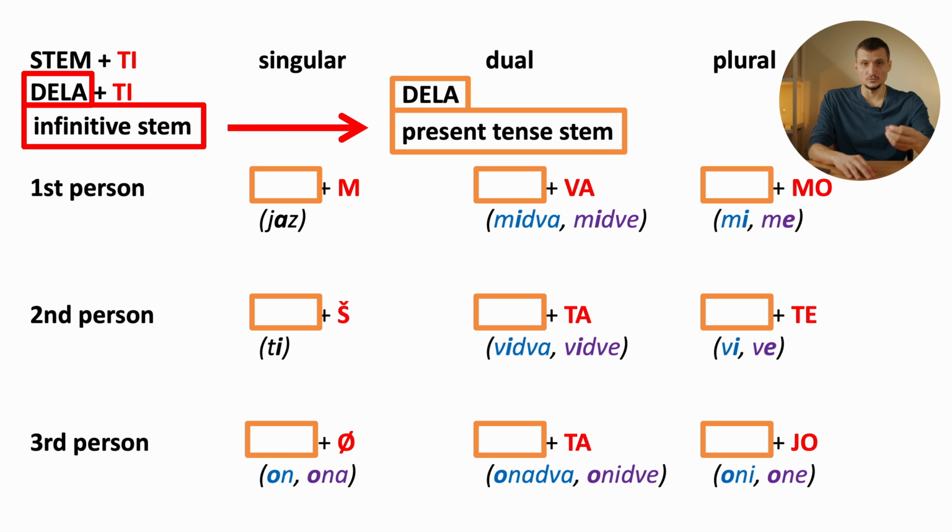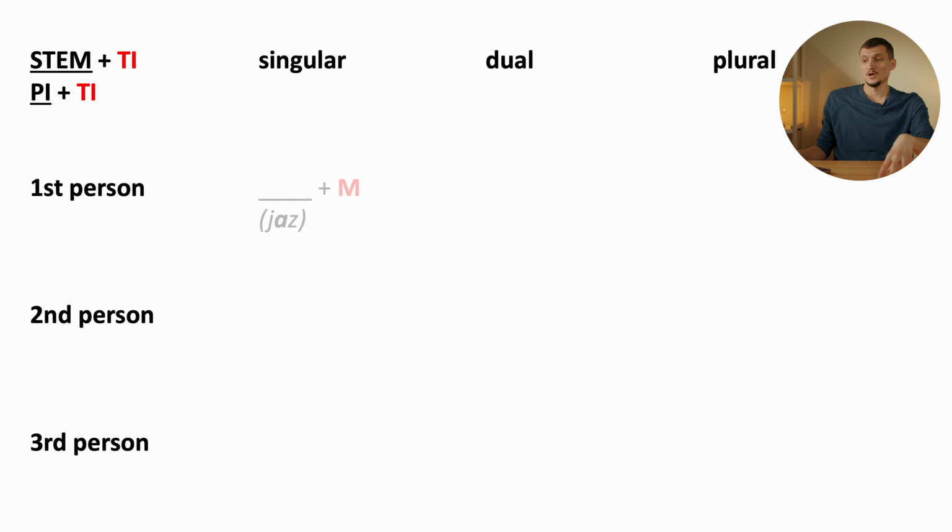Now with irregular verbs, the dela can change completely, but once it changes, it's the same throughout all of those 9 forms, which is why we use the same color orange for that. And the endings are the same. So we have a stem plus t, and here we have p plus t, piti. Now piti is to drink, and to drink is an irregular verb.